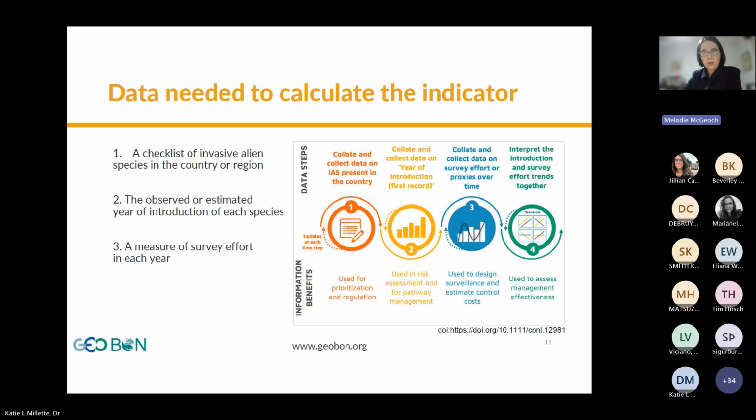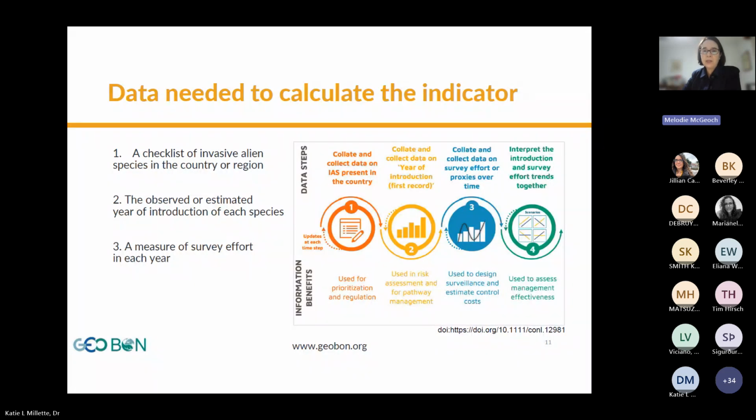So prioritization, as we heard earlier, is another element of target 6. Step 2 is to collate and collect data on the year of introduction or the year of first record. These data are also really important in risk assessments and for pathway management. So again, this type of information has a very high information value.